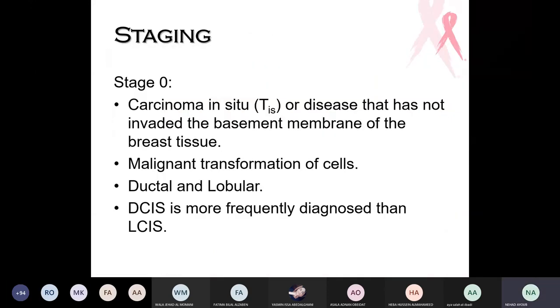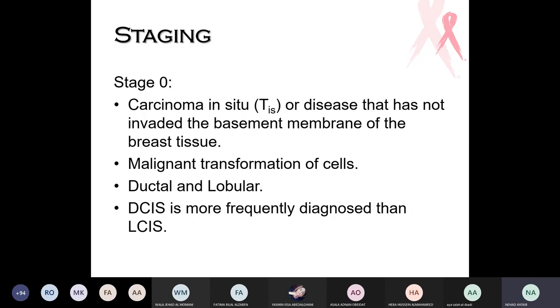T, N, and M بنقولهم TNM staging system, very important. طيب. هلا when we talk about T, N, and M, it means that the carcinoma was invasive.